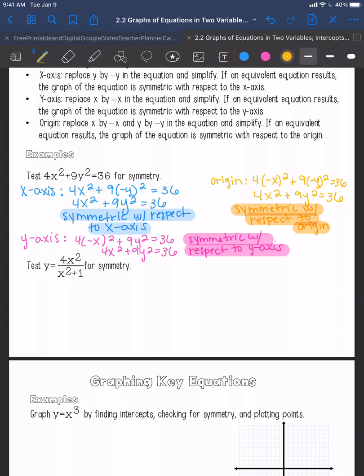All right. Doing the same thing for this next one. Very, very similar, so I'm just going to go through it quick. With respect to the x-axis, I'm plugging in opposite of y: negative y equals 4x squared over x squared plus 1. If I divide by negative 1 on both sides, that is what I come up with. That is not the same as the original, so it is not symmetric about the x-axis.